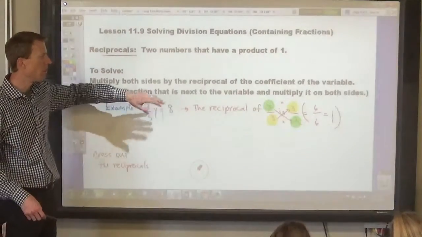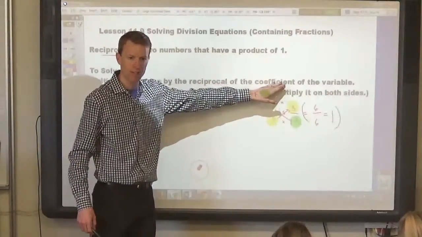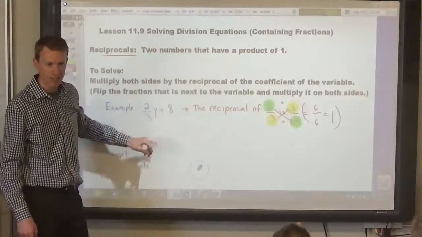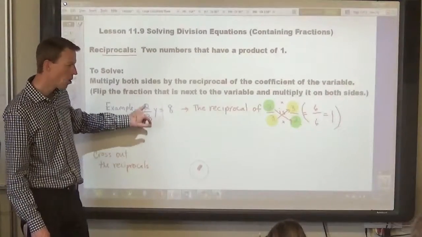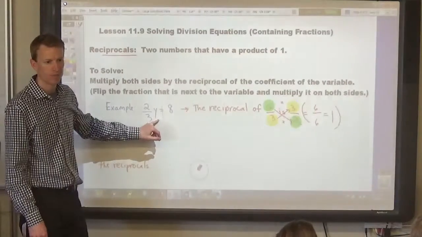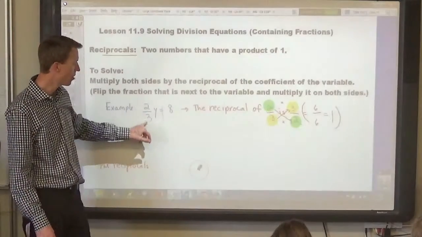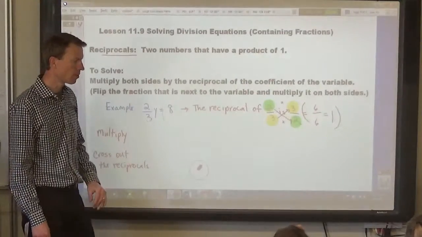Alright? And that's a new term to you, but you'll get used to it. The coefficient of the variable, that's the number next to the variable. Alright? So this is the coefficient of the variable y. And we're going to multiply 2/3, that coefficient number, by its reciprocal.